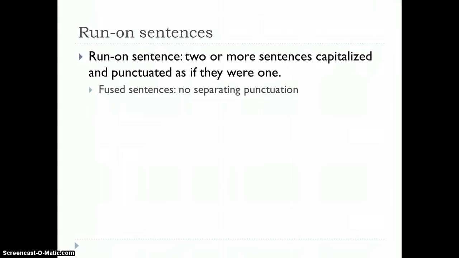The first kind is a fused sentence, and this is where we have two or more sentences. We capitalize them and punctuate them like they're one sentence, but we haven't separated them with any kind of punctuation. The other kind of run-on sentence is a comma splice. This is only linked with a comma, so we have separated our independent clauses with a comma. We think we're good, but we actually aren't supposed to use a comma like that.